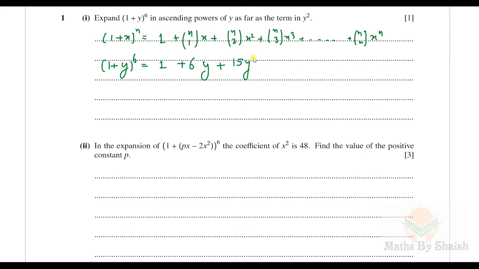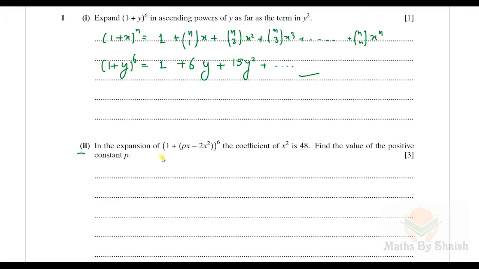And we don't have to write the next term because it is only till the term in y square, and it is in ascending powers of y. Here y power is 0, it is 1, here it is 2, so till here we'll write, and then so on. Otherwise we can calculate 6C2 through the calculator, we'll get 15. So that's it. Let's do the second part of this.